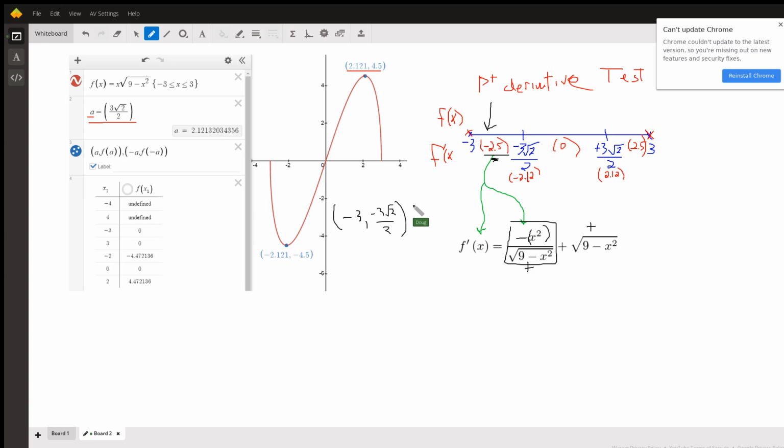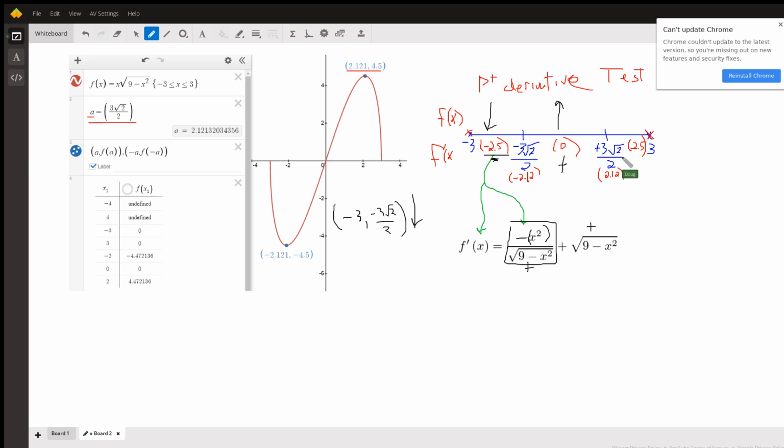The function is decreasing. And likewise, if I put a 0 in the first derivative, I'll get 0 for this first term, and I'll get a positive number for this second term, which tells you that the original function is increasing. The tangent lines have a positive slope. They're going uphill.